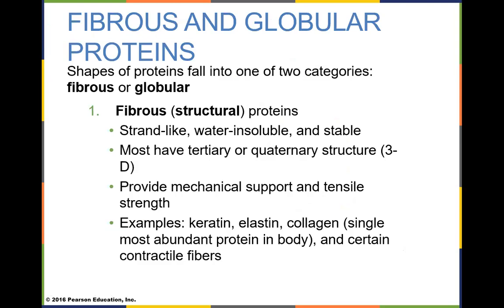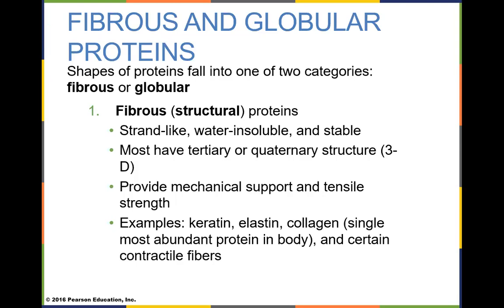They're shaped like strands of fibers linked together. You can see the grain of the beef, or in the chicken. You can see when you pull the chicken apart or the fish apart, you can see the strands in there.